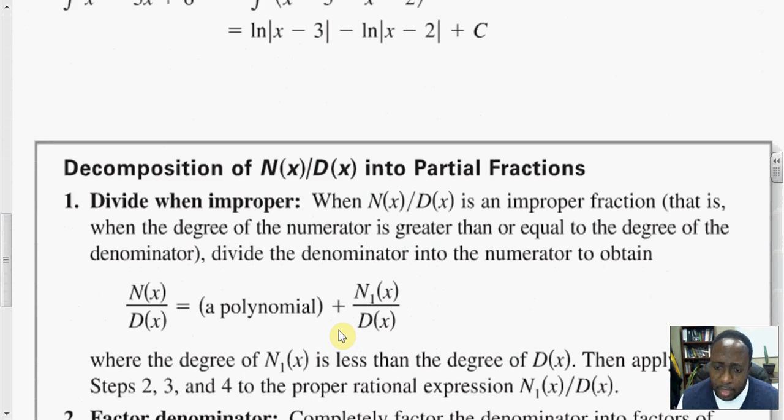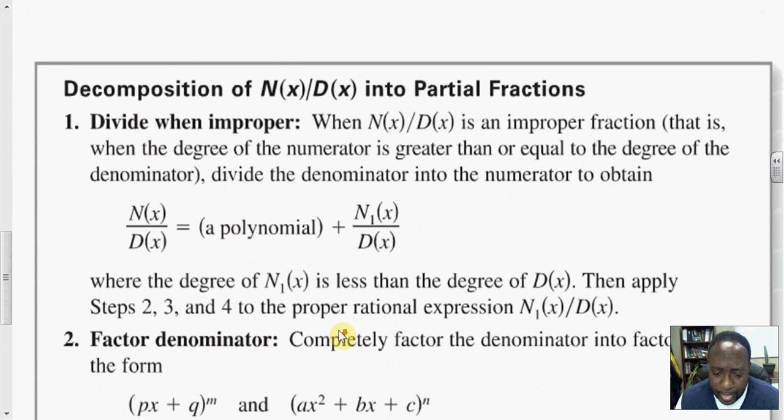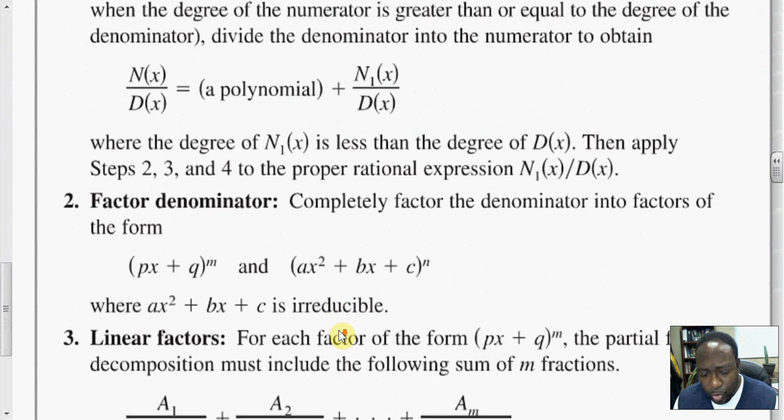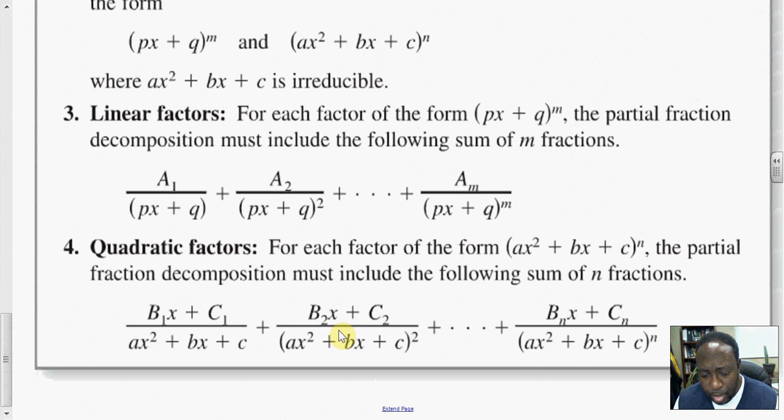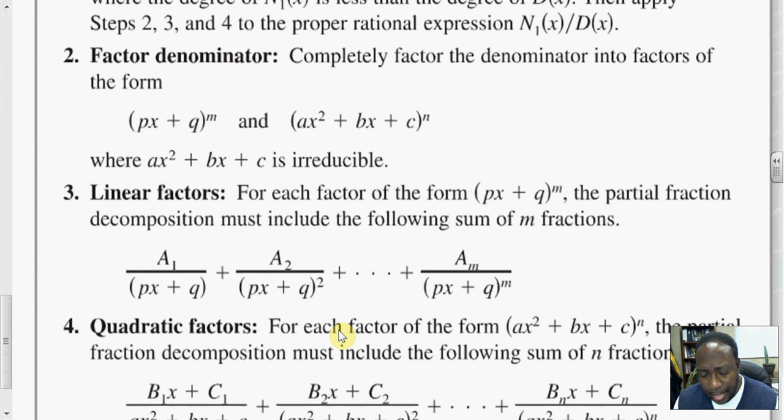Here is a statement for decomposing the numerator divided by a denominator, or a rational expression, into partial fractions. These steps, numbers 1, 2, 3, and 4, are an identical copy from the algebra book. I kid you not.